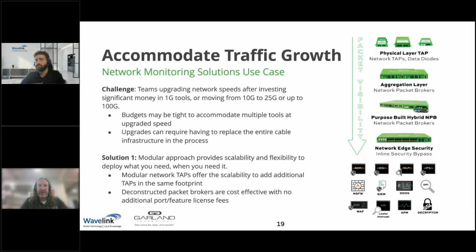But depending on the utilization or what traffic you want to see, you can do some filtering, and we could bring in traffic and send it out a 1 gig port, 10 gig, 25 gig. So it gives you that full flexibility to easily monitor your network, regardless of what speed you're running on your network.